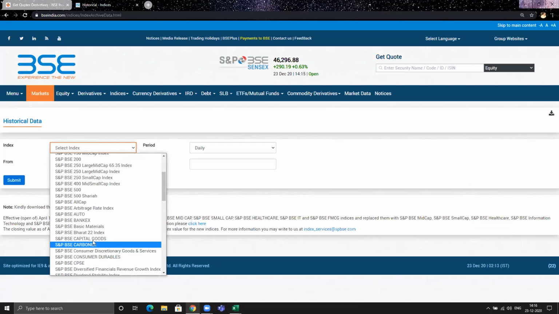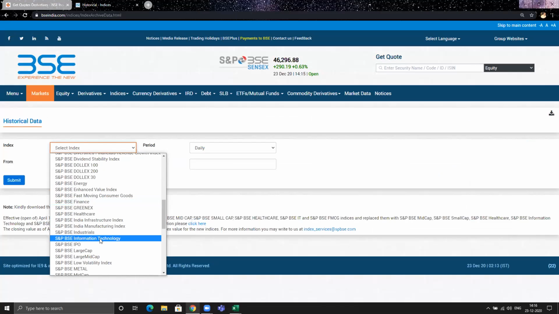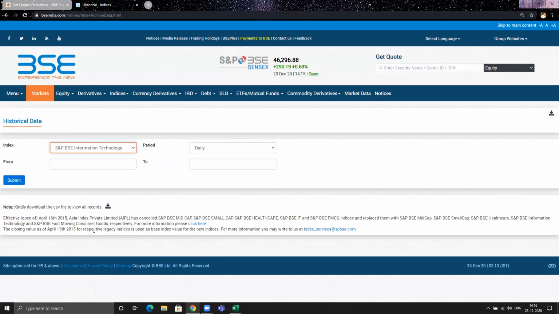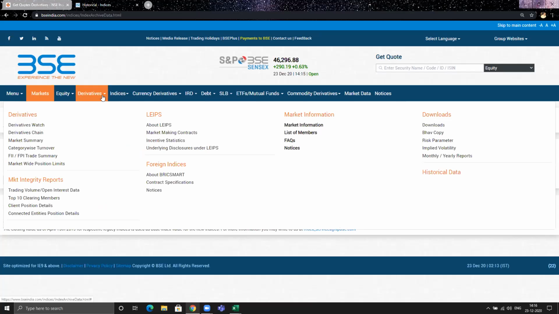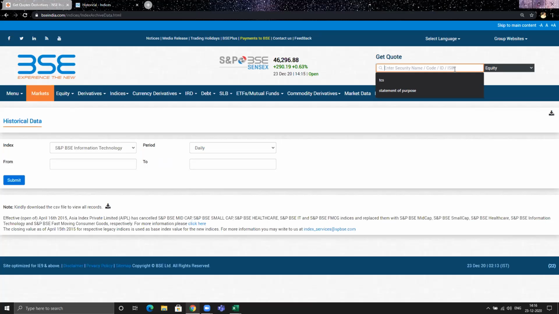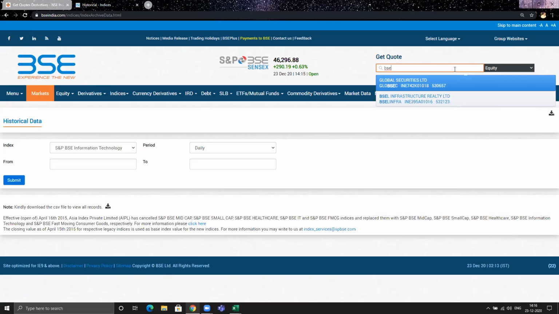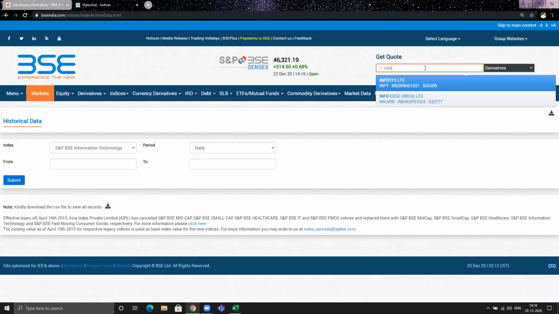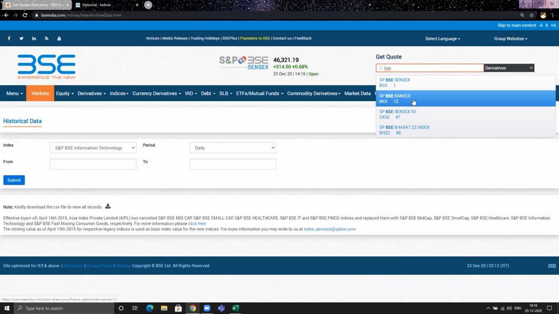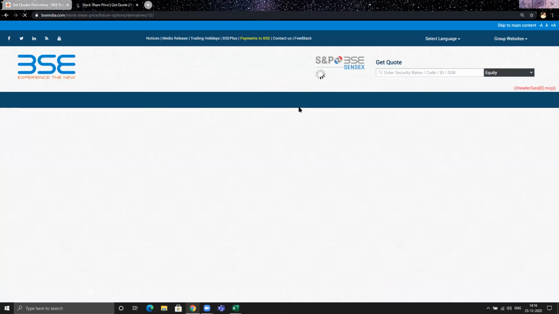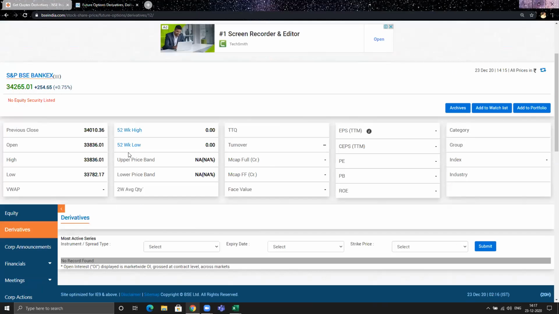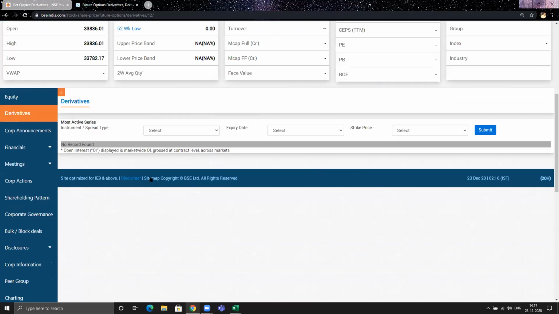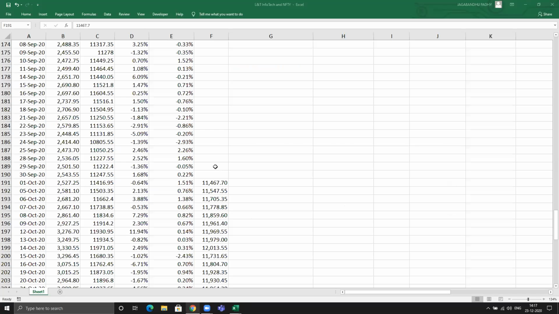Where did the BSE IT index go? BSE Information Technology, derivatives. In derivatives, BSE Sensex is there, Bankex is available. That's not available.